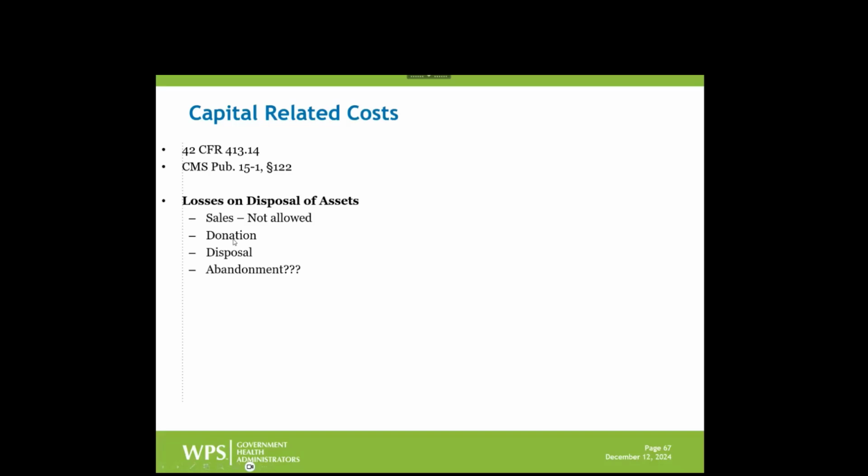A scrapping will not be allowed by itself, but when we talk about a bigger building where pieces are going to be scrapped and sold out, that revenue can be used to offset the loss itself. So we'll see that piece in just a bit.